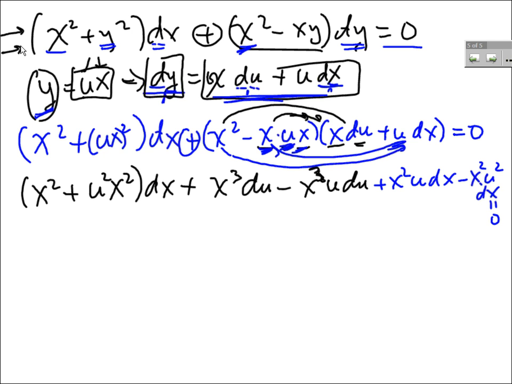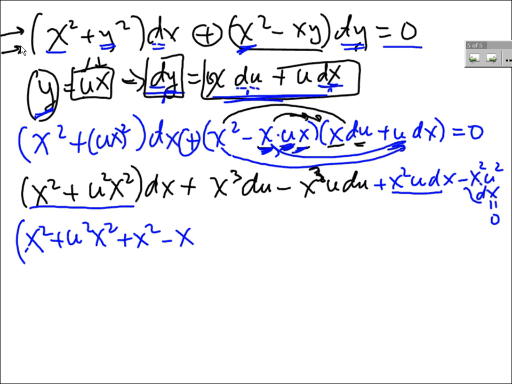So let's put everything that has dx's. And since everything I'm going to write has a dx, I know dx is going to factor out. We have x squared plus u squared x squared plus x squared minus x squared u squared, and that's all dx's.